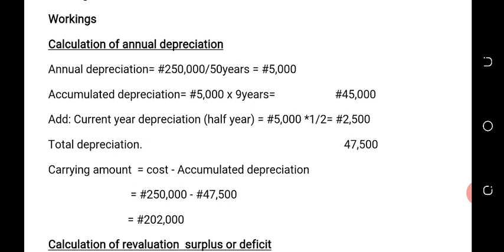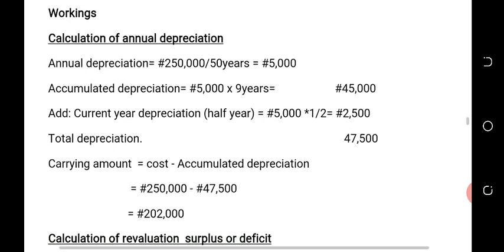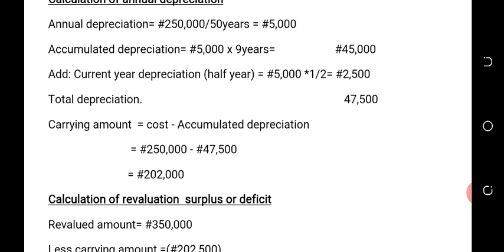Now, using this, we will look for the carrying amount as at the date of transfer, which should be compared with the fair value of the investment property as at the date of transfer. The carrying amount is the cost minus accumulated depreciation, which is 250,000 minus 47,500.